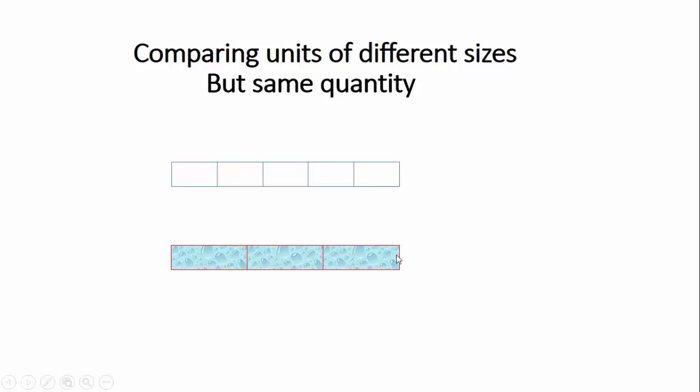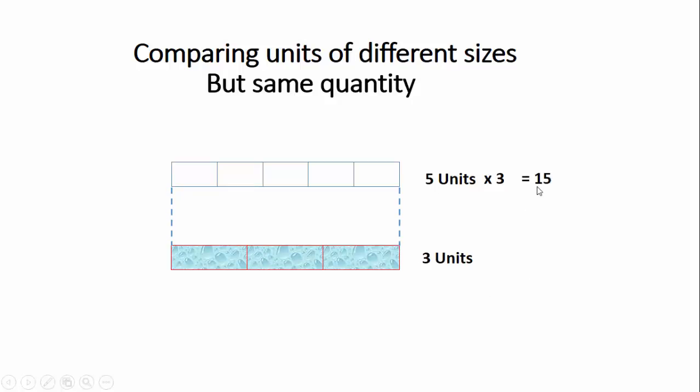So to make that easier, since the total quantity here is the same as the total quantity here, here we have 5 units and here you have 3 units. We take the LCM, least common multiple, of these two, 5 and 3. Since they are of the same quantity, we are able to do this.